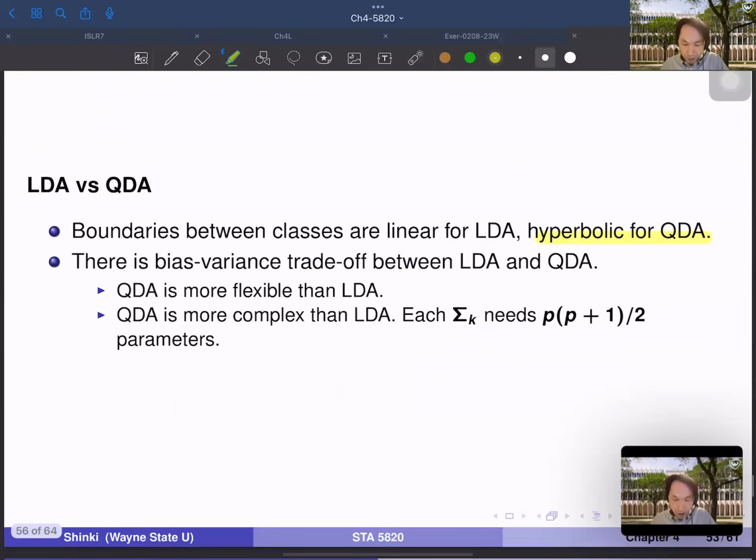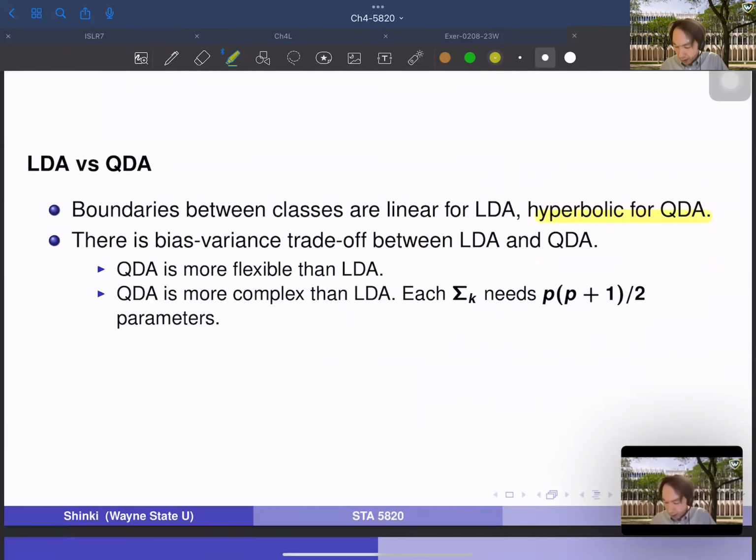So originally the boundary is quadratic, but in the LDA case the quadratic terms are cancelled. That's why the boundary becomes linear in LDA. But for QDA we don't have such a reason, so in general the boundary between the classes is hyperbolic.